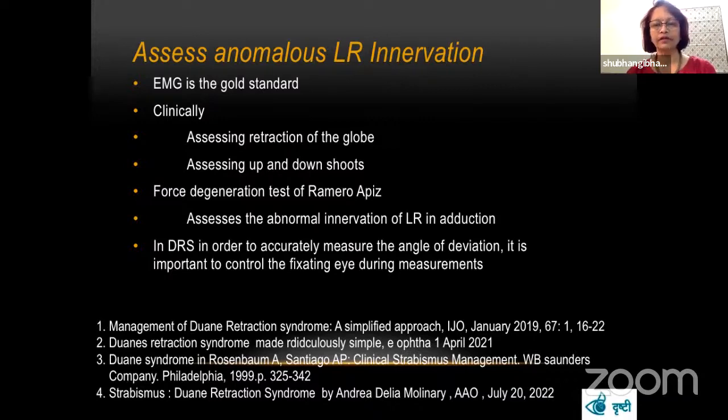If anomalous LR activity is there, one experiences a resistance. Then the patient can be asked to look into abduction, and if there's no tug, that shows there's no action of the LR in abduction.